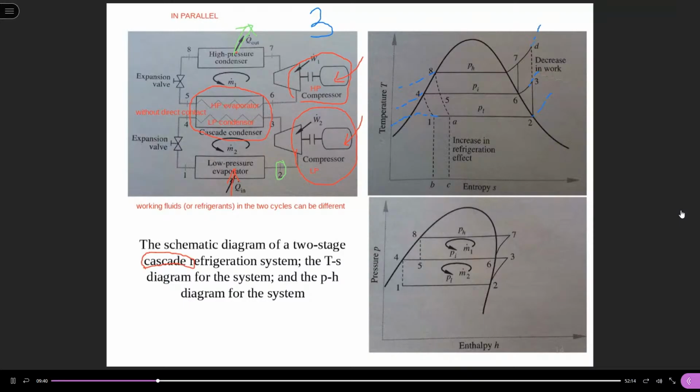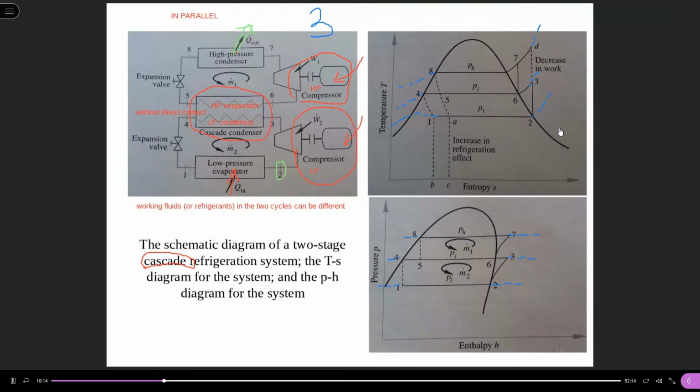Similarly, all processes have to be on these three important pressure lines. So all states shall be on those pressure lines.